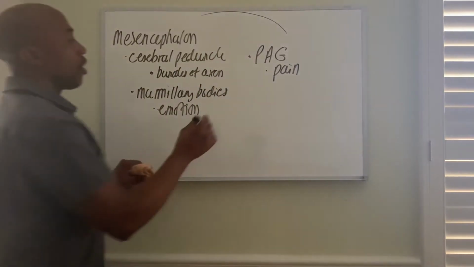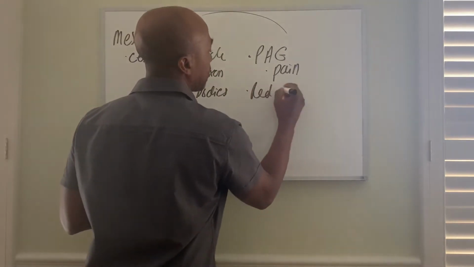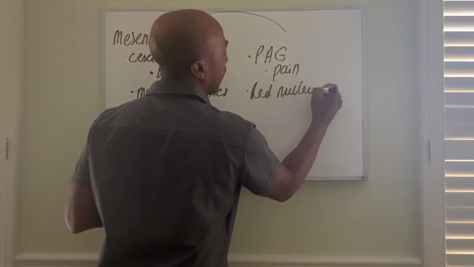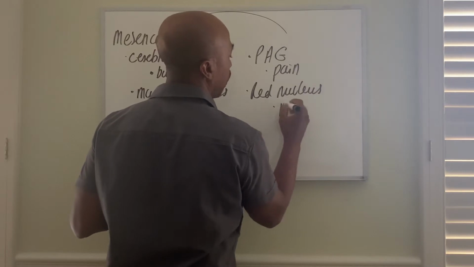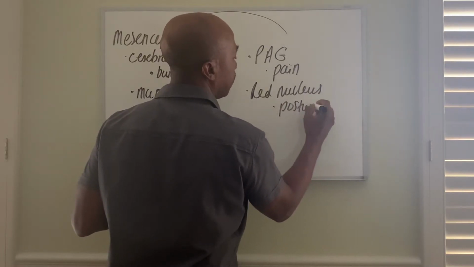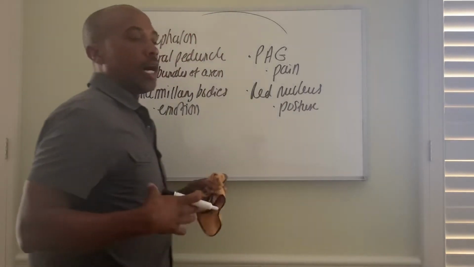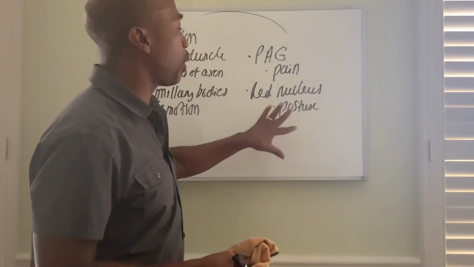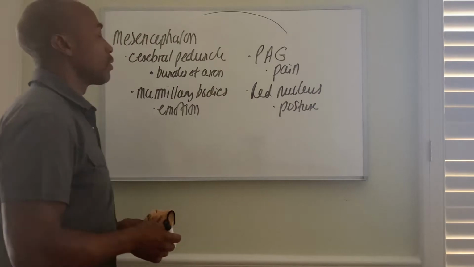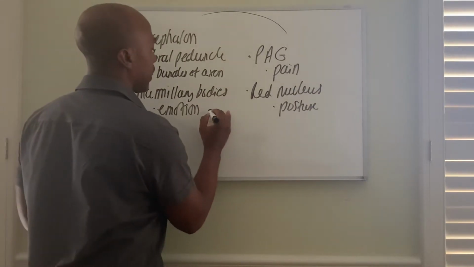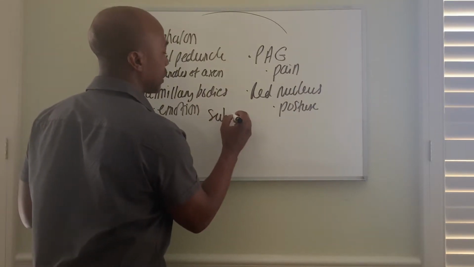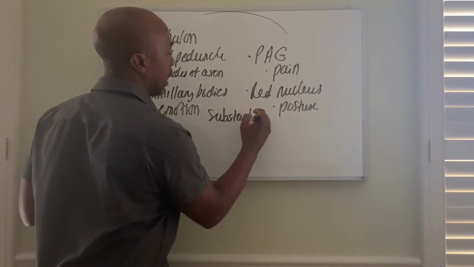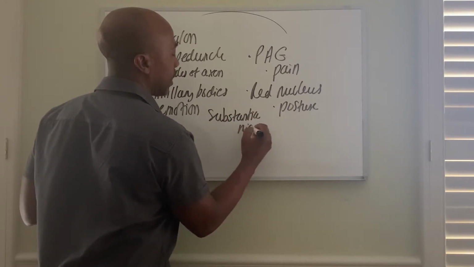Then we have your red nucleus inside here as well. The red nucleus area is involved in posture. Basically your muscle activity reflexively done to change posture, maintain posture. That's the red nucleus. Then you have an area called your substantia nigra.